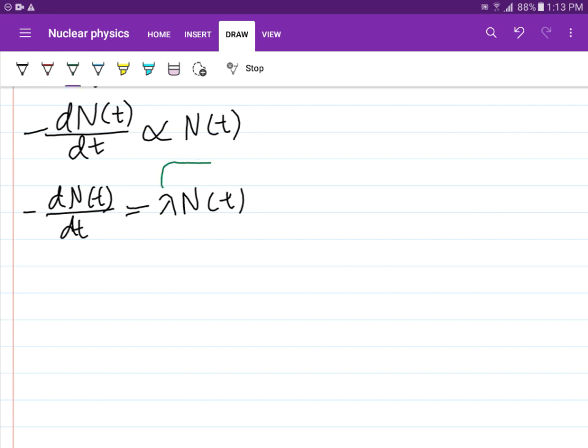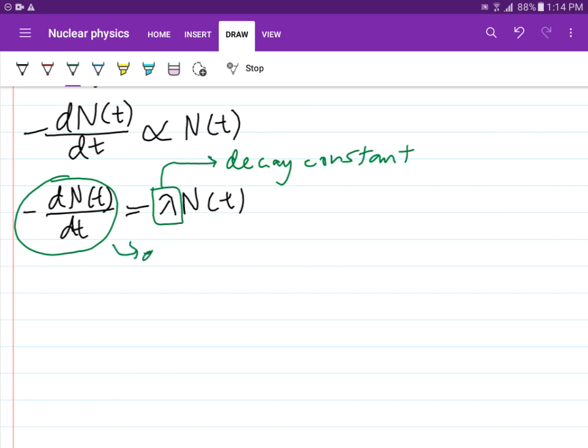And this proportionality constant is what we have solved earlier, which is the decay constant. Given that we know the decay constant and the current decay rate, we can solve for the amount of nuclei present.